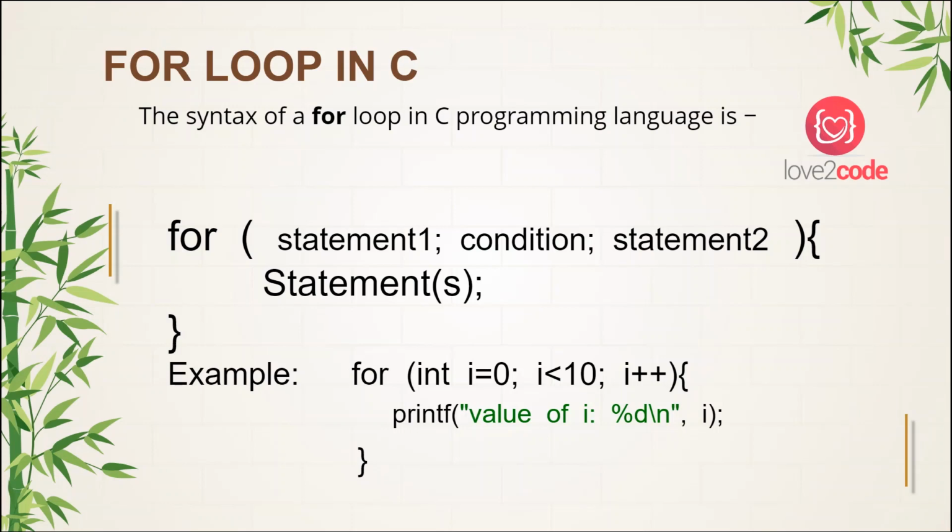If this condition is true, it will again execute all the statements present inside the for loop. This will continue until the condition is false. We have to note that statement 1 gets executed only once before starting the for loop, and statement 2 and the condition get executed repeatedly.